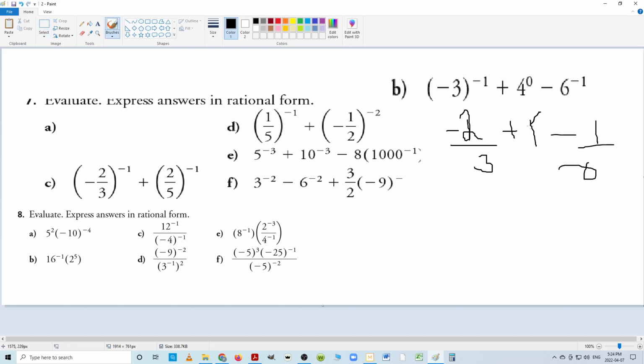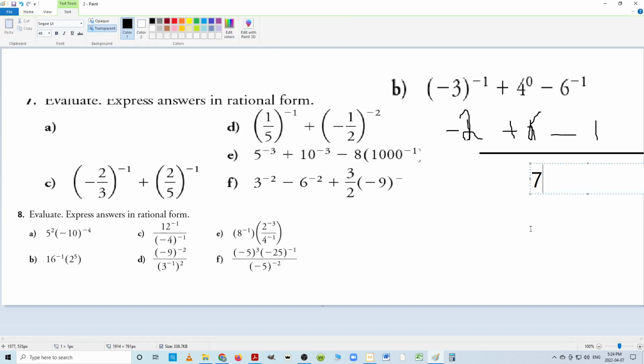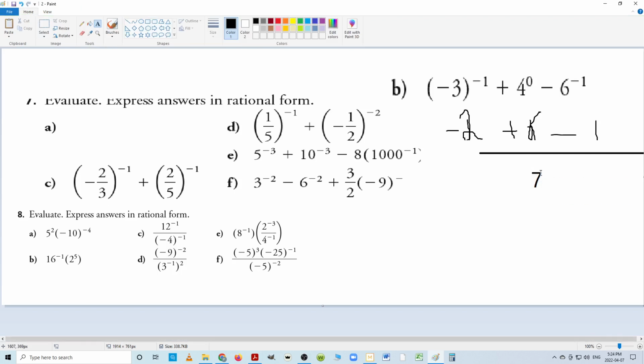I have to multiply this one by 6, and this one just stays the same. So that means they're all now going to be over 6. What's minus 2 plus 6? That's 4. Minus 1, 3. So it's 3 over 6, which is a half.